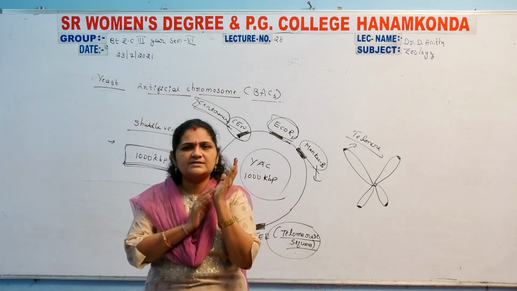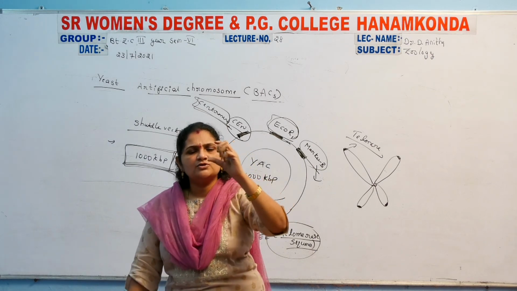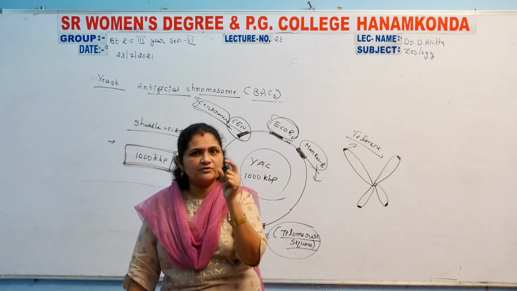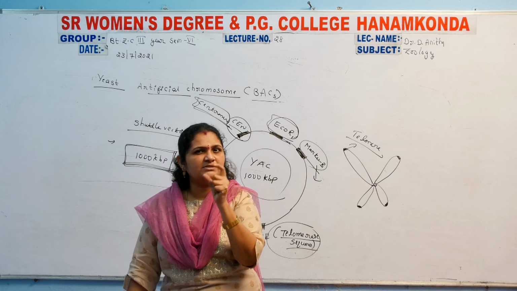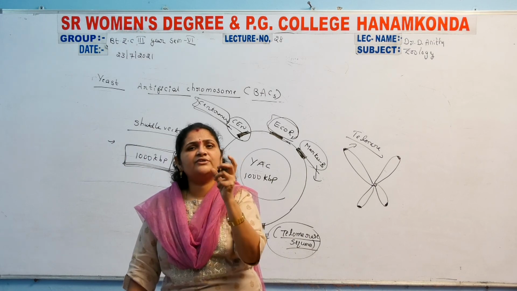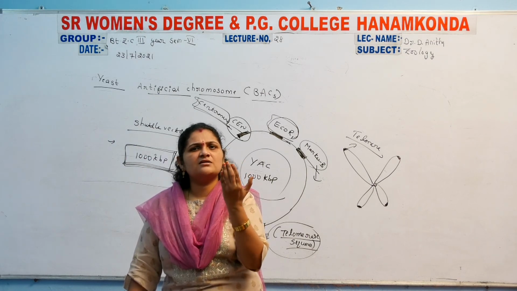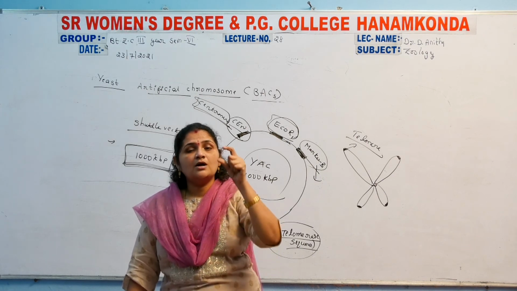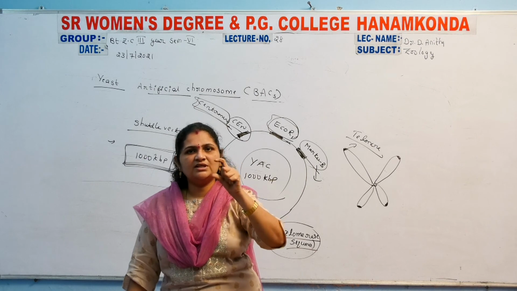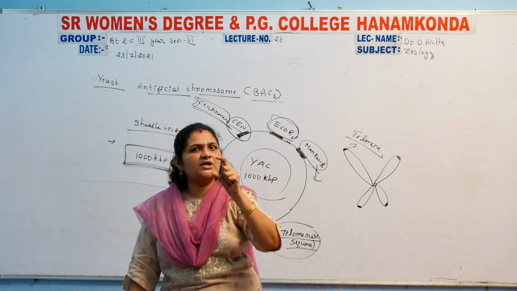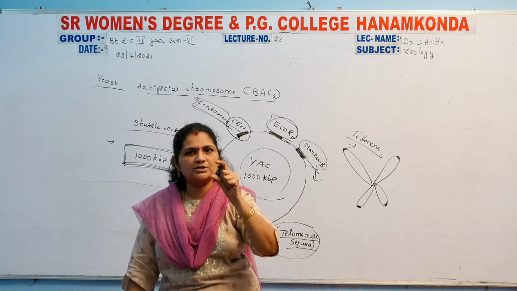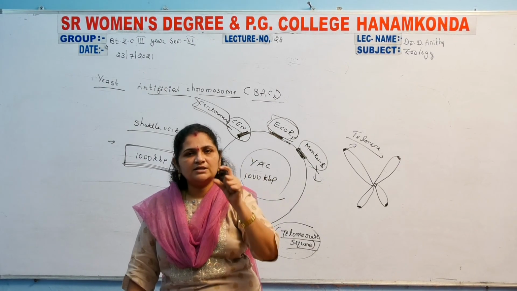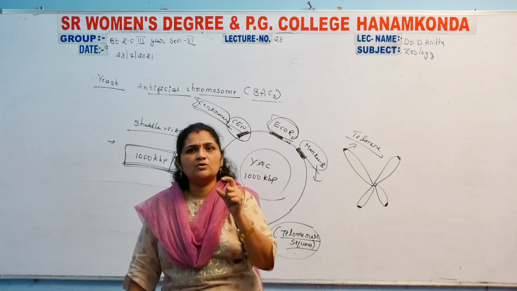From a single form of one organism we can produce different clones, different cells, actually copies of the same DNA. A number of copies are produced from the same DNA, and those are called clones.